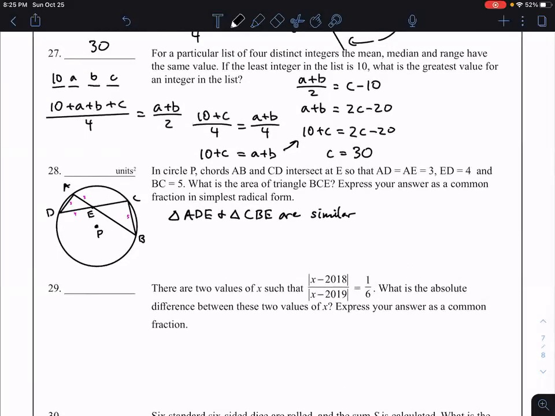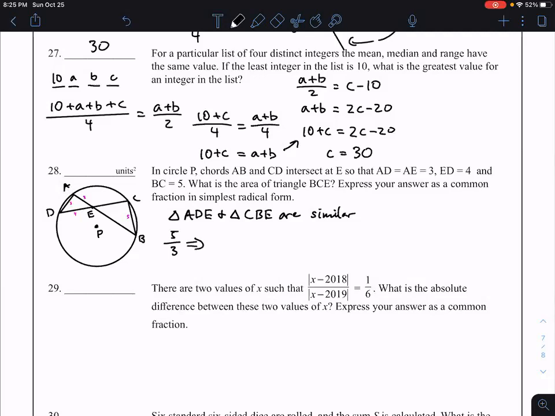So since they're similar, that means that we can find the ratio between these two triangles, and conveniently CB and AD are corresponding sides. So that means the ratio of one side of this triangle is 5/3 times the length of that.